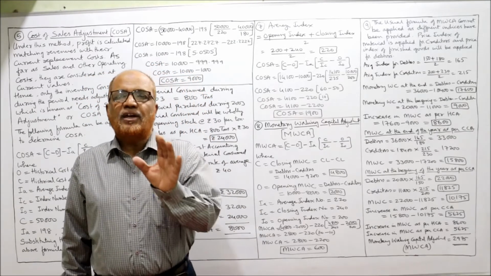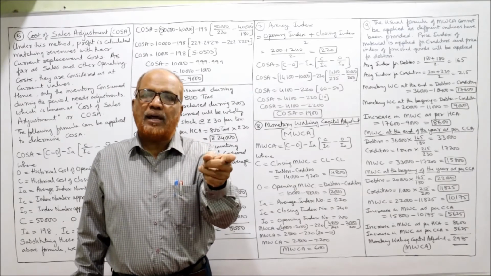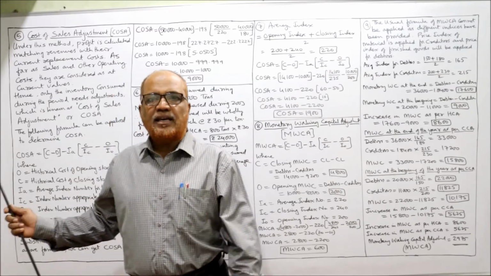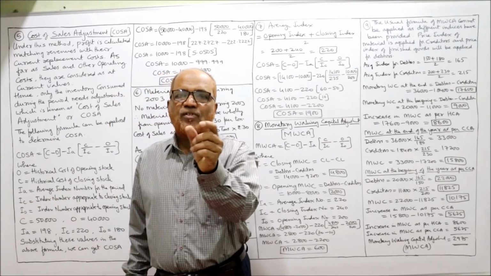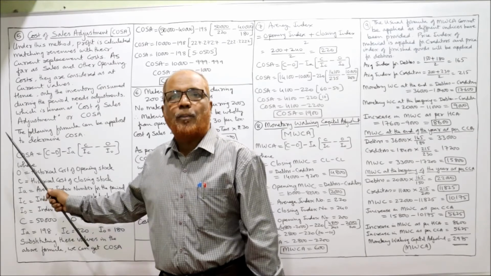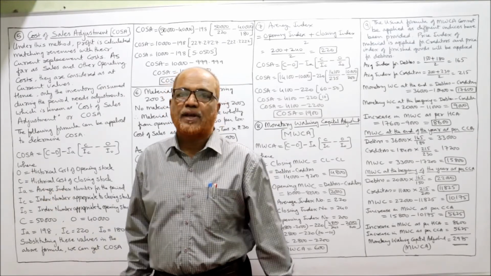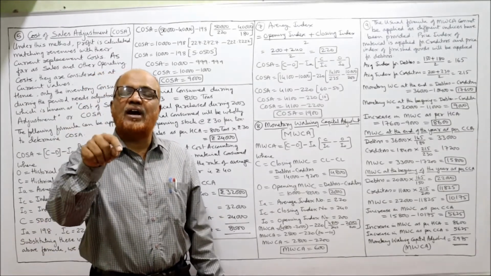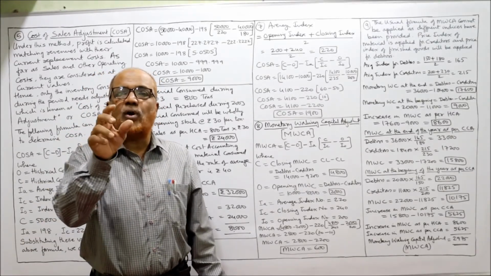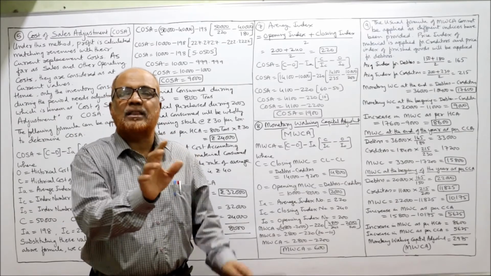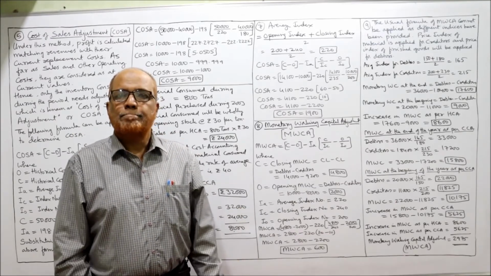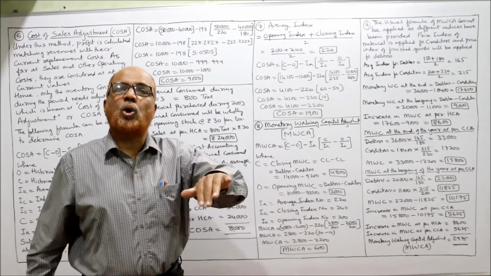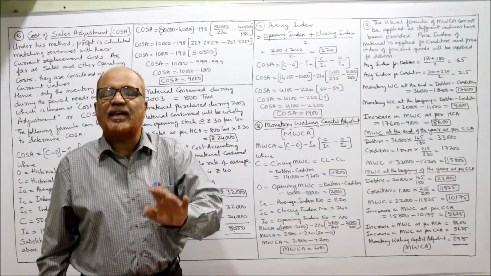See here. The formula for COSA and MWCA both are same. The only case is, in case of COSA, C stands for closing stock, O stands for opening stock. In case of MWCA, C stands for closing working capital, O stands for opening working capital. That is the only difference. In the earlier problems, we have taken closing stock, opening stock. Here we are taking closing working capital, opening working capital.